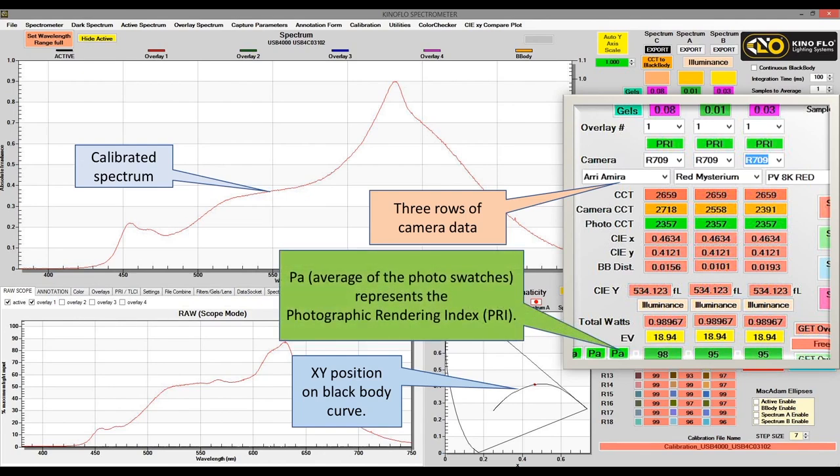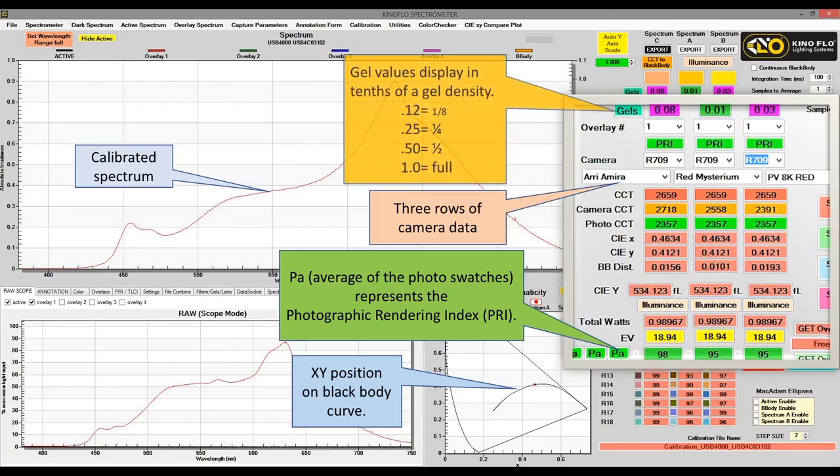The photographic rendering index is what I talked about a little earlier. So it's just a way of understanding a difference in the way these spectrums see the light. And the most important was up here, this little gel designation. And if anybody has any windows that are open in this corner over here, you might try to minimize them. It's a gel reference.